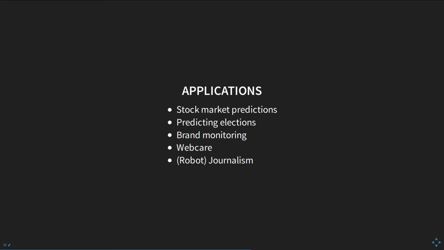It could also be used for web care similarly, so to sort complaints from less severe to very severe and urgent. And it could also help to facilitate journalism, where if, for example, you are covering a sports game and it turned out everyone was very bummed about some particular team losing, and you know that these people are supporters of that team, you can write something about the impact on that team.